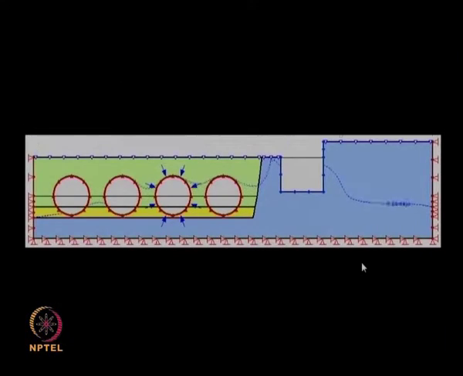Here, the rainfall intensity which actually happened at the site is simulated. As the rainfall happens over a duration, the water table rises up to this level. You can see that both the pipes are under submergence. Then we will see the other case.